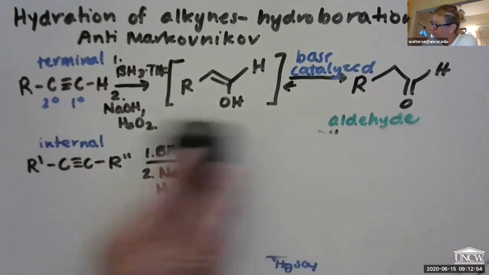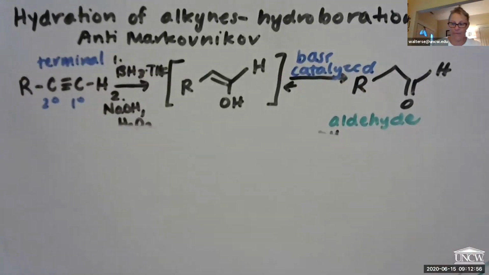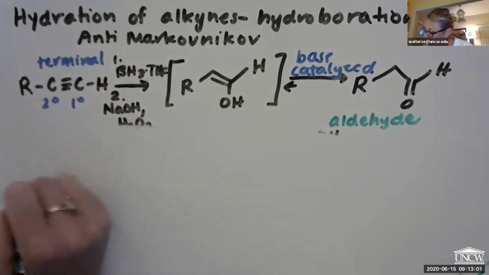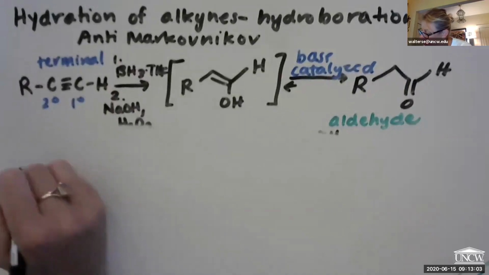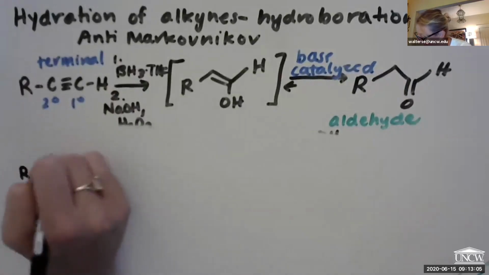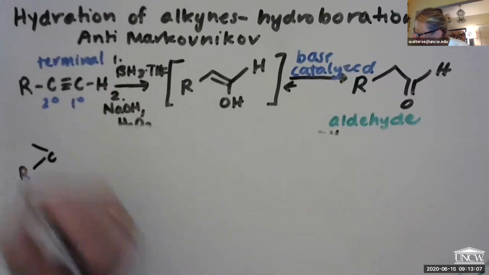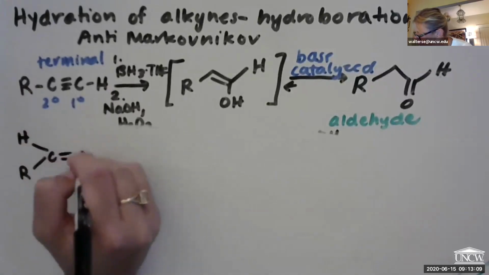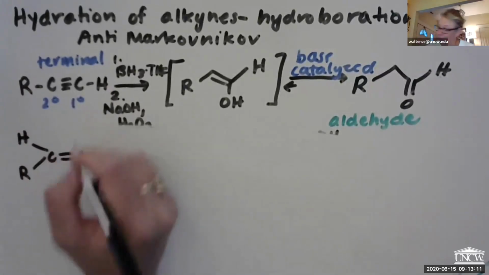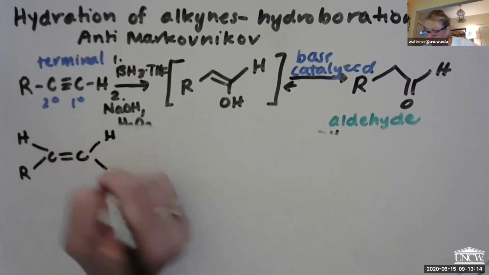Okay. So we'll just go ahead and start with our enol. I'm going to draw it slightly differently than what I have here, only because it's going to involve a carbanion, which we haven't seen a lot of up to this point.